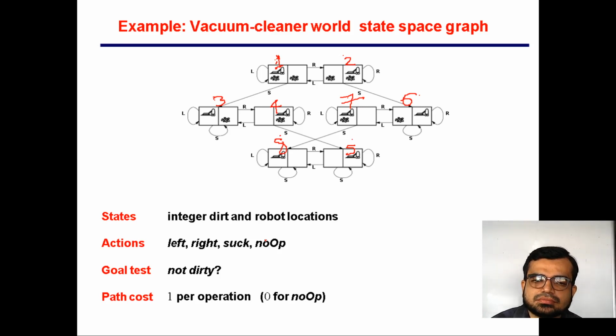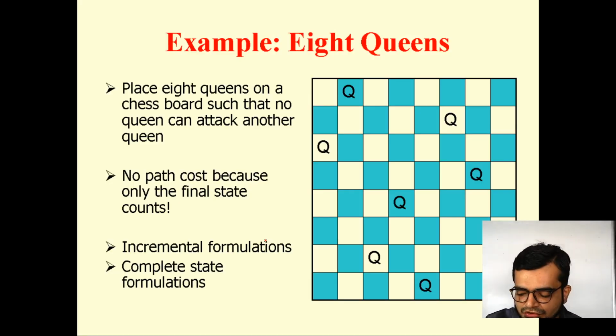Okay. So now if you move on to the next concept, that is 8 queens. If you see 8 queens, what is the problem here is, consider a chessboard, right?